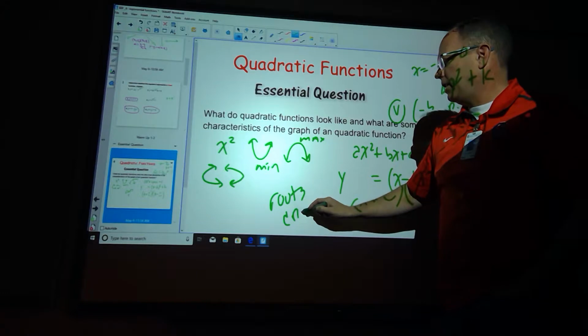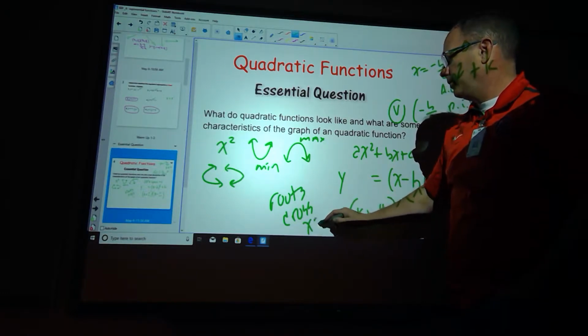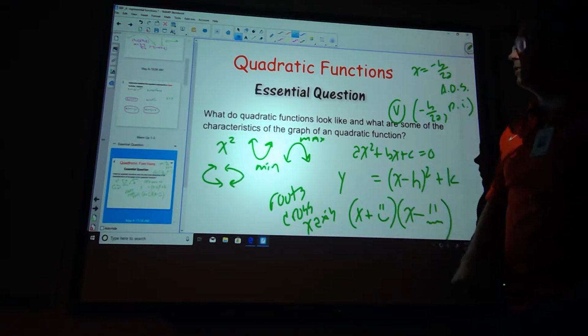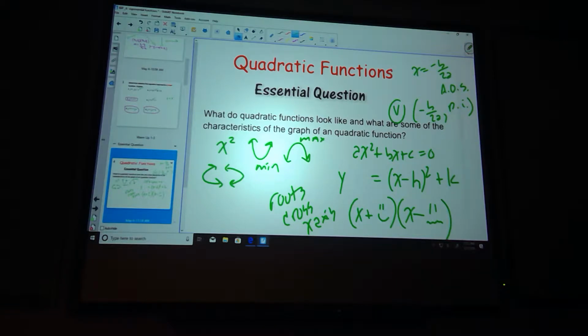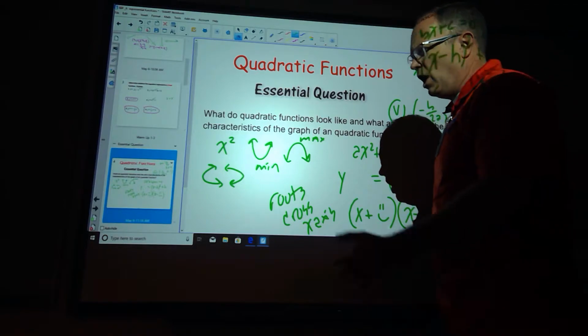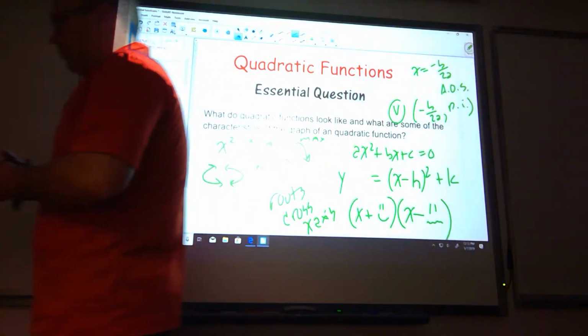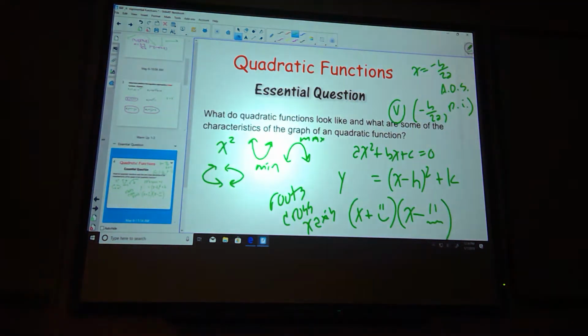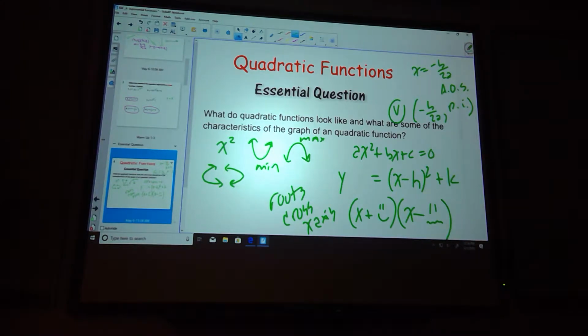That's where it crosses the x-axis. I mean, there's lots of things that we worked with quadratics. And this is where our factoring skill comes from. Quadratic formula is where the quadratic formula came from. So we had the song, we completed the square. That was all stuff that has come along with this, okay? Can I move off this?